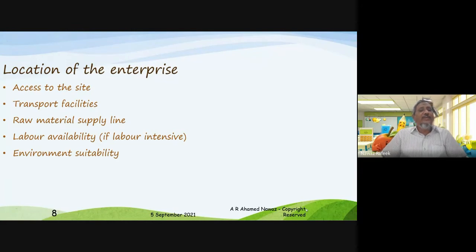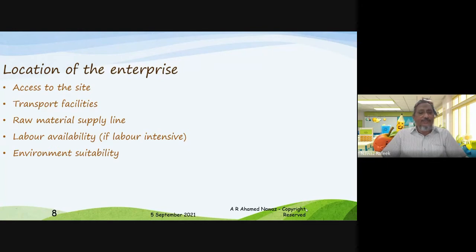Then, what are the other environmental regulations, those suitability requirements? There are certain laws practiced in Sri Lanka regarding environmental suitability.